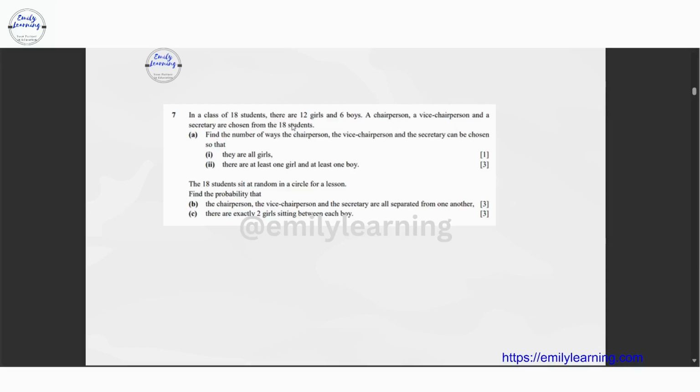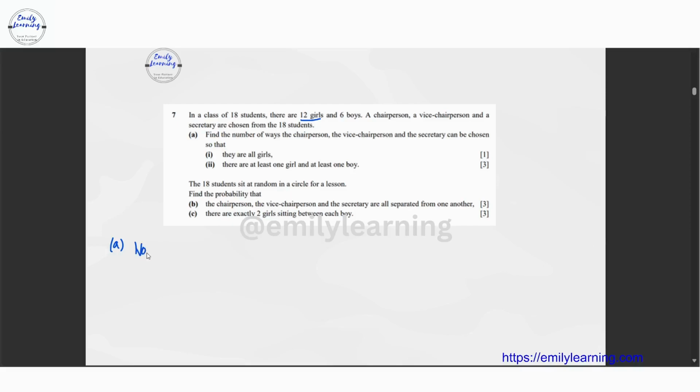Now let's look at part A. Find the number of ways the chairperson, the vice chairperson, and the secretary can be chosen so that they are all girls. To find the total number of ways so that they are all girls, it means that we are going to choose the 3 from these 12 girls, and then we are going to permutate them because these are 3 different positions.